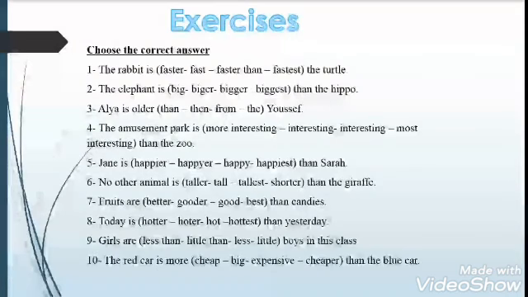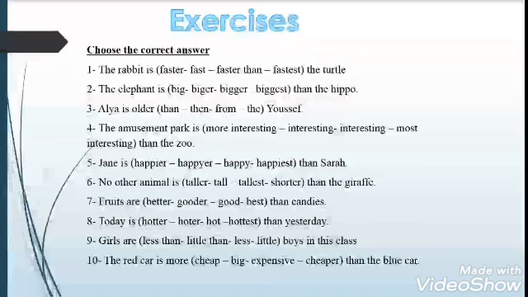No other animal is what than the giraffe. No other animal means there is no other animal. Here we don't only need English, I also need your knowledge. Tell me, what is the giraffe very famous for? Excellent.